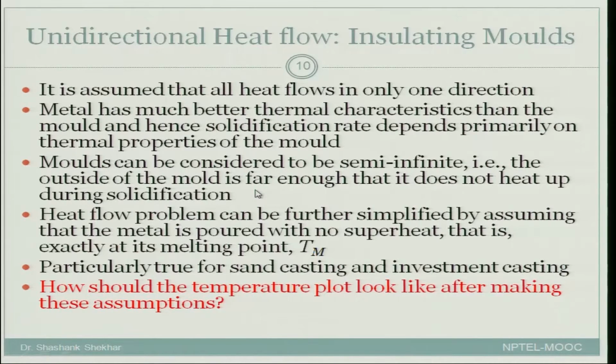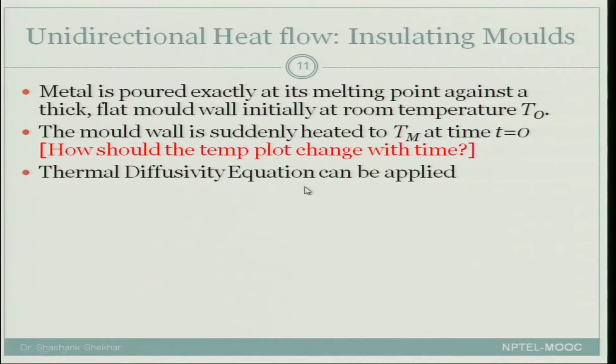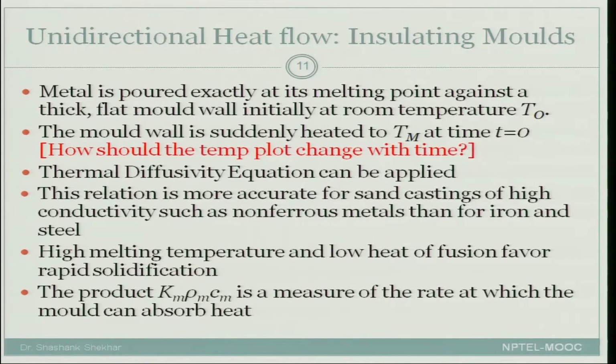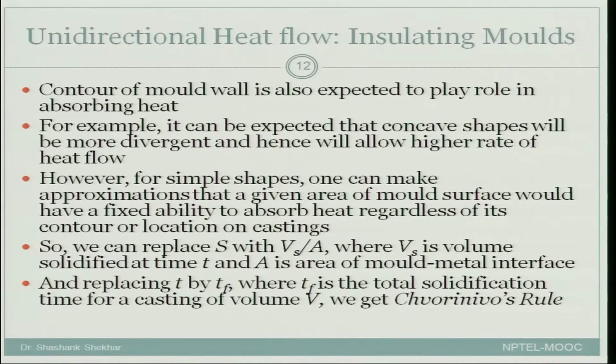Assuming this and taking some boundary conditions, we were able to get a solution using the thermal diffusivity equation. And then we also obtained S as a function of T and S as a function of TF, where TF represents the total time for solidification.